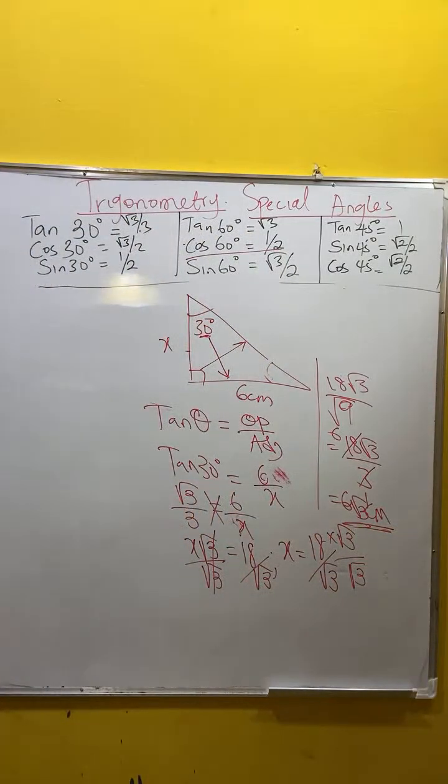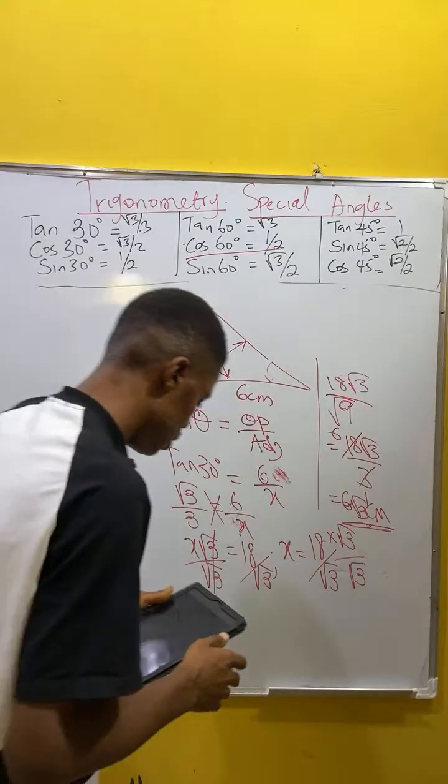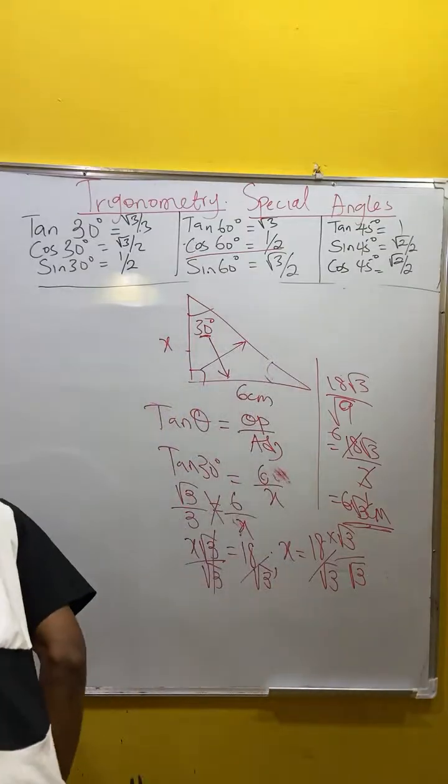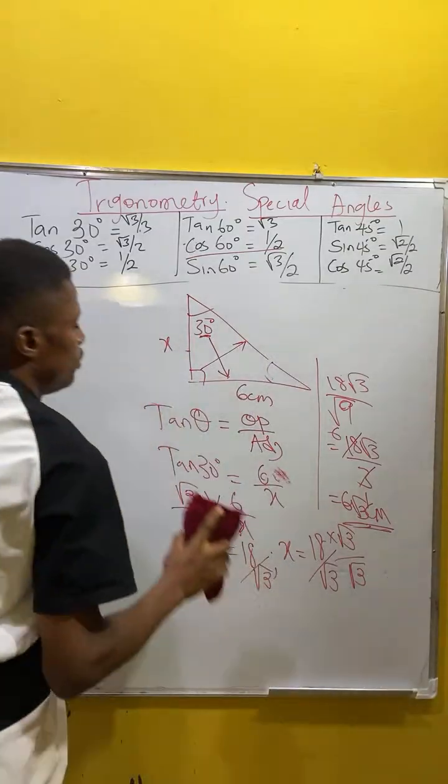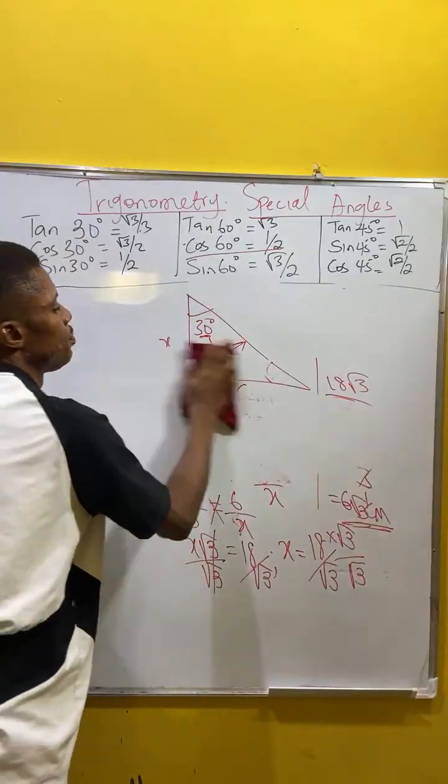So this is how to find the missing side of a triangle using trigonometrical ratios. Okay, so this is very, very easy.